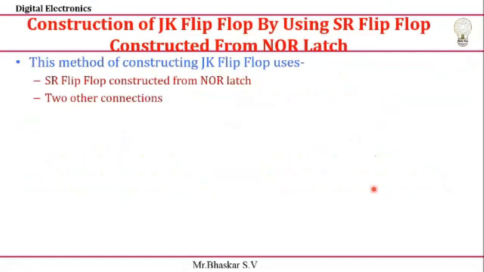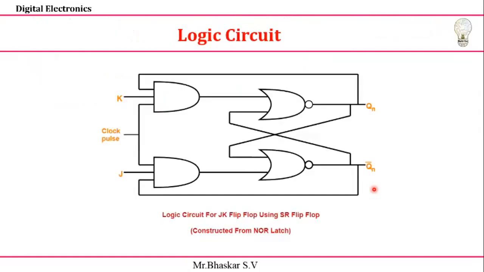Let's move on to the construction of the JK flip-flop using an SR flip-flop constructed from a NOR latch. With the help of the NOR latch, we can construct an SR flip-flop. Then how do we modify the SR flip-flop into a JK flip-flop? It requires the SR flip-flop constructed from the NOR latch and two other connections. Only two connections.